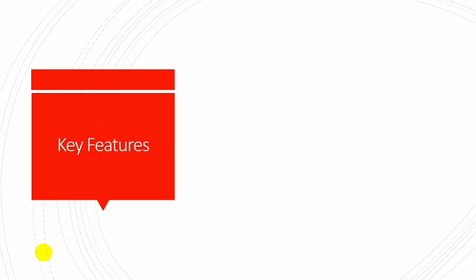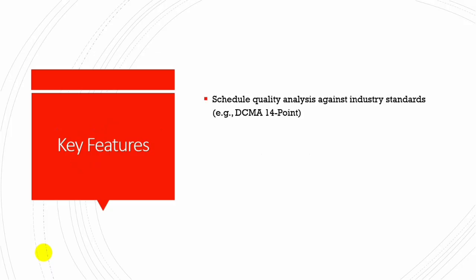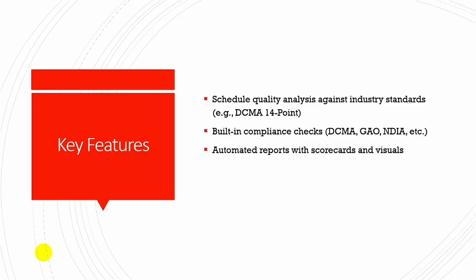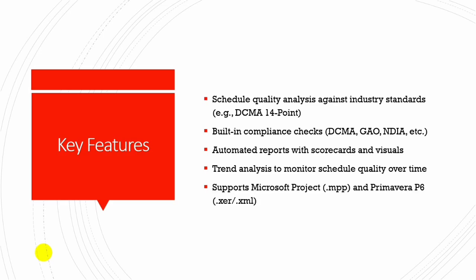Here are some of the key features of Steelray Project Analyzer, which include schedule quality analysis, built-in compliance checks, automated reports and trend analysis to monitor schedule quality over time, and cross-platform compatibility with software such as Primavera and Microsoft Project.